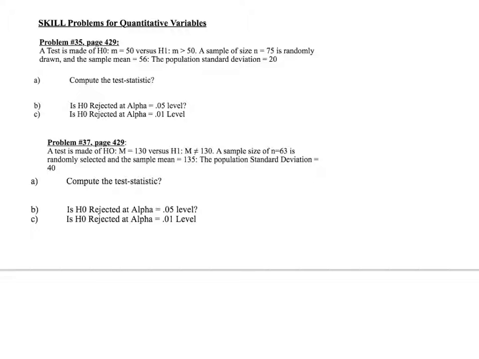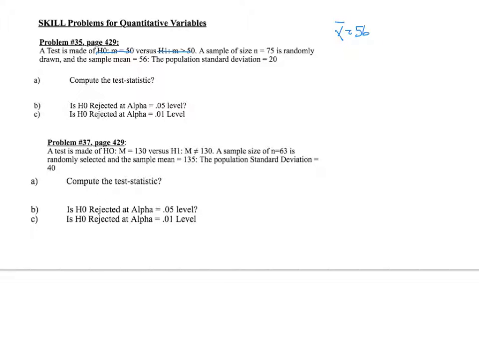So in problem number 35 on page 429, it says a test is made of H naught: mu equals 50 versus H1, the alternative hypothesis, H1: mu is greater than 50. A sample of size n equals 75 is drawn, and the sample mean is 56, so x bar is equal to 56.